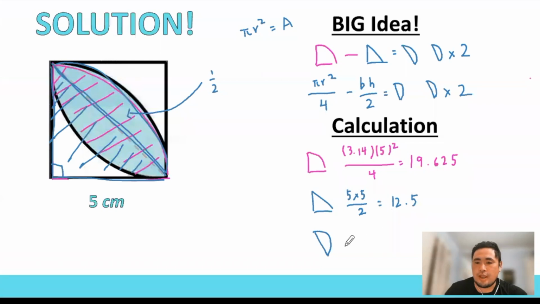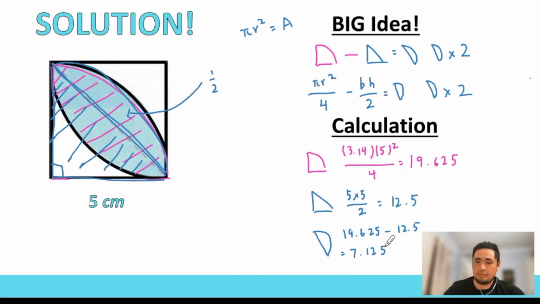And if we subtract the 2 from one another, we would get 19.625 minus 12.5. And that will give us an answer of 7.125.